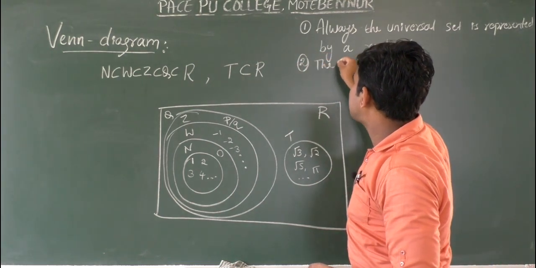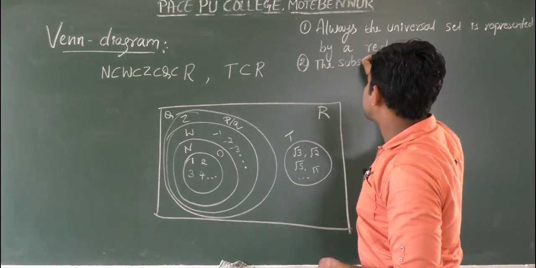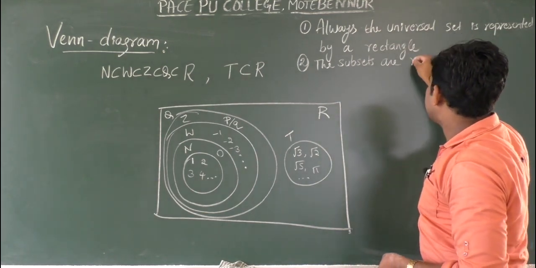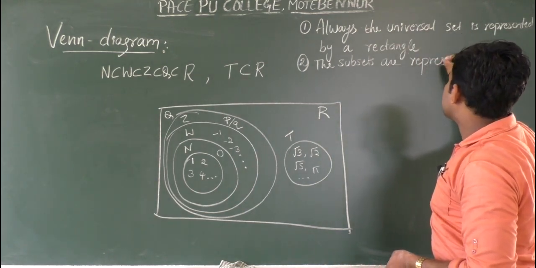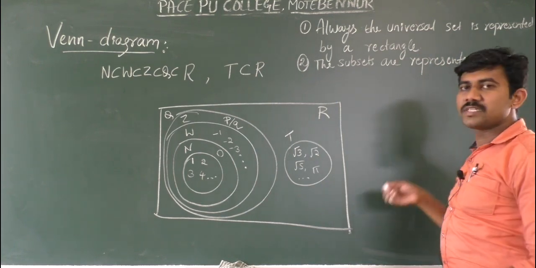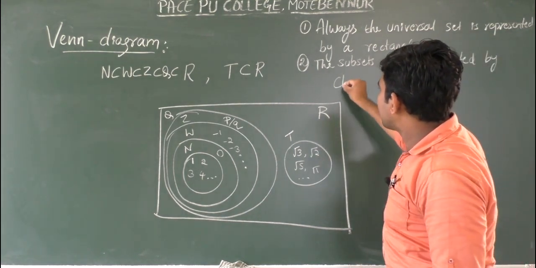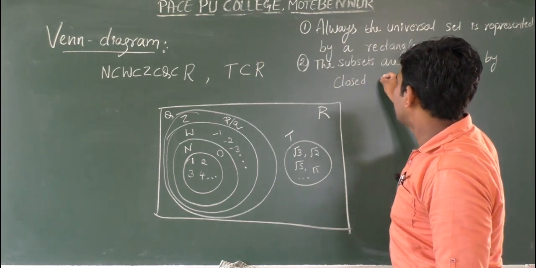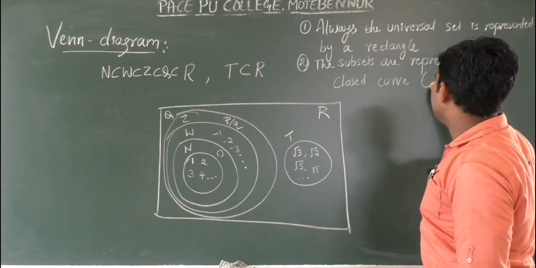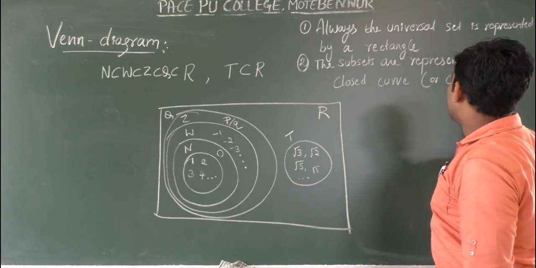And the second point you have to remember: the subsets are represented by closed curves, or we can say circles.